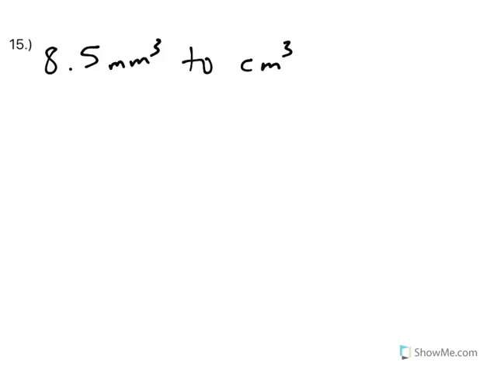Millimeters to centimeters. Now, if you think about this, when I go millimeters to centimeters, if I look at my cheat sheet, I move left 1 place. Nope, I lied, 1 place to get there. Sorry, I was looking at a different problem. I move left to go from millimeters to centimeters.